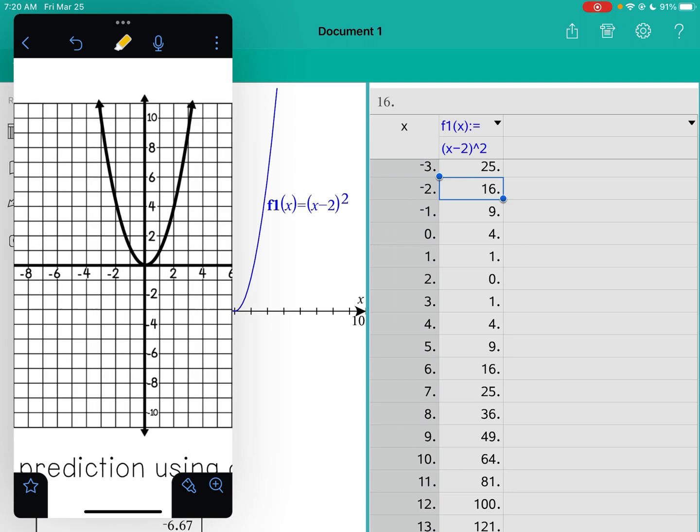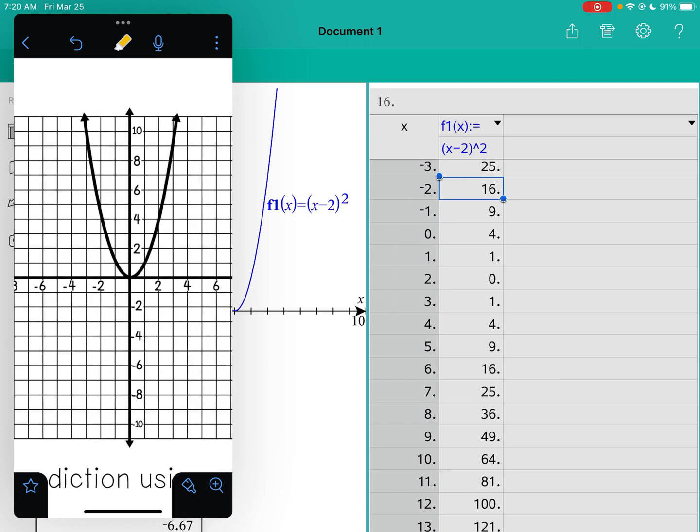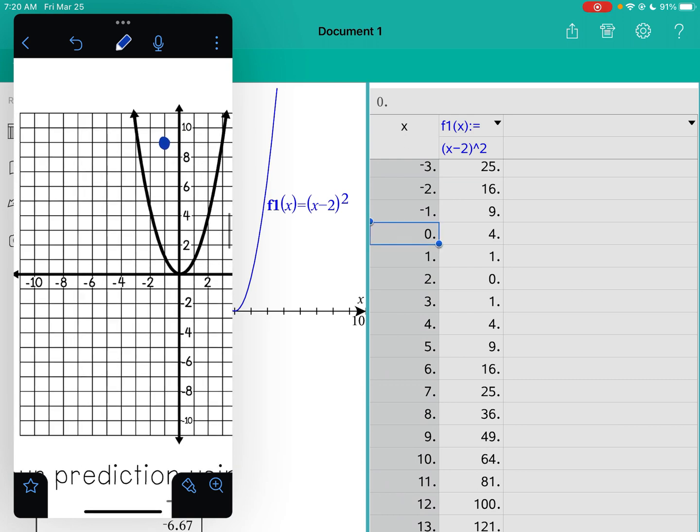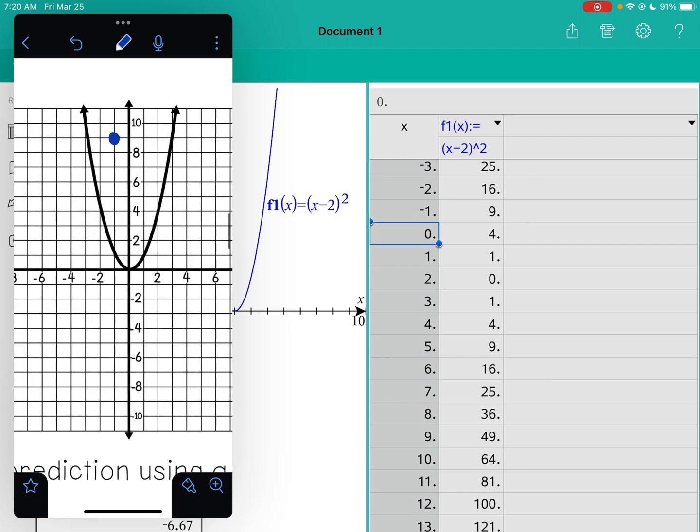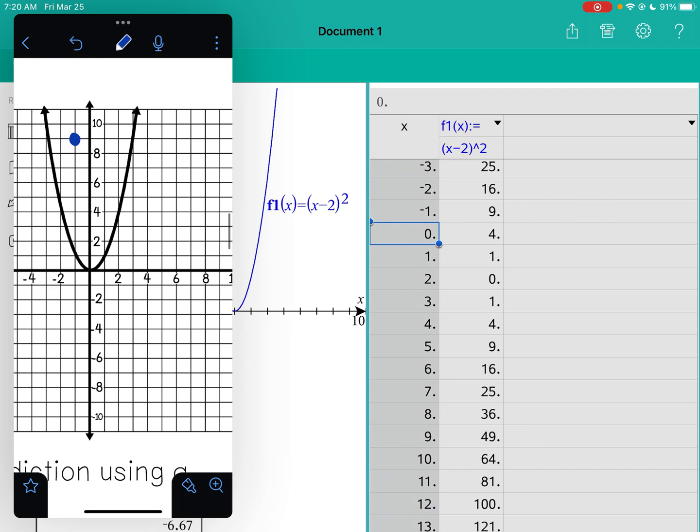So I'm going to start with -1, positive 9. So -1, positive 9 is right here. Oops, that's not the right tool. Okay, then I'm going to go to 0, 4. Then I have 1, 1.